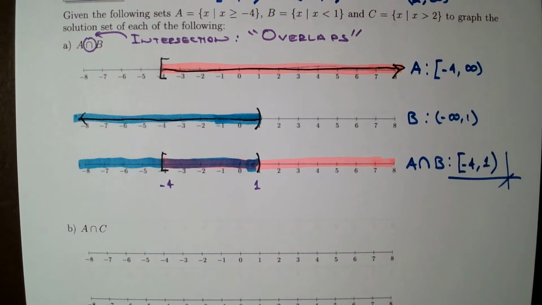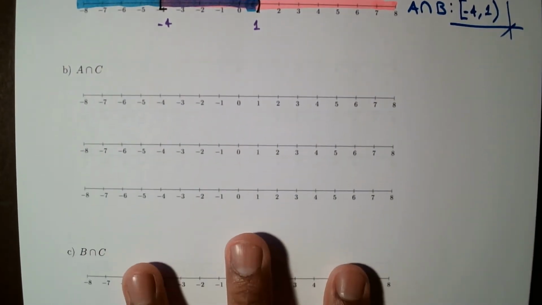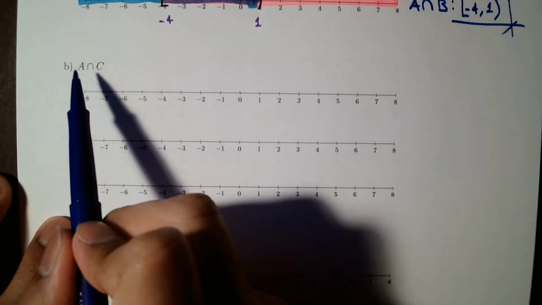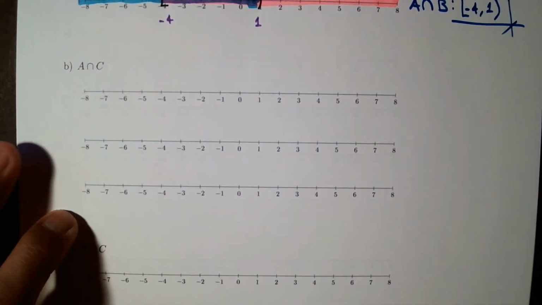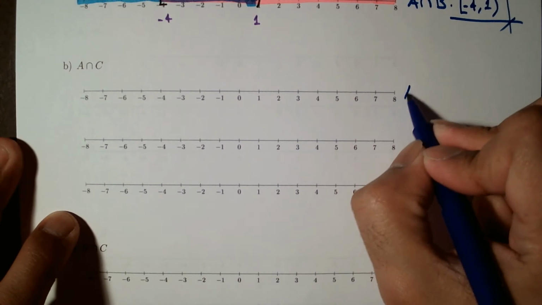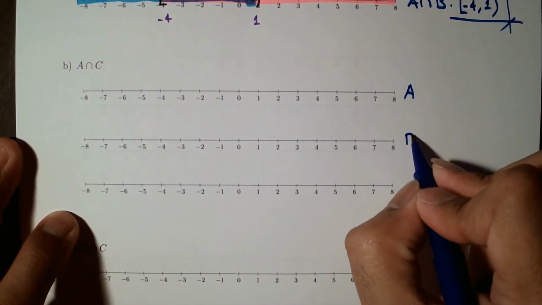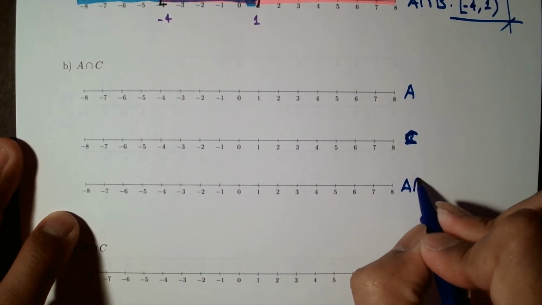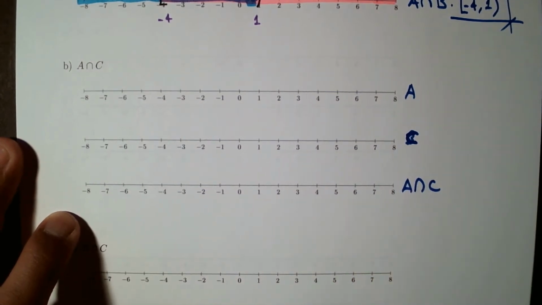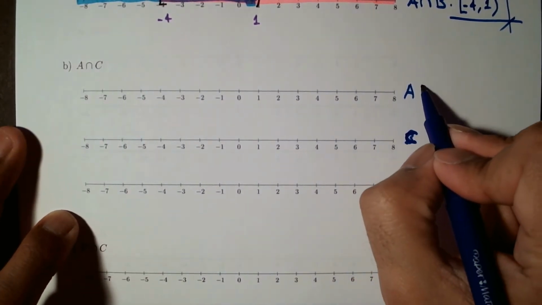Let's go over another example. We're going to do another intersection problem, but in this case it's between A and C. The first number line will be the set A, the second will be C, and then the intersection between A and C. Let's write them down.